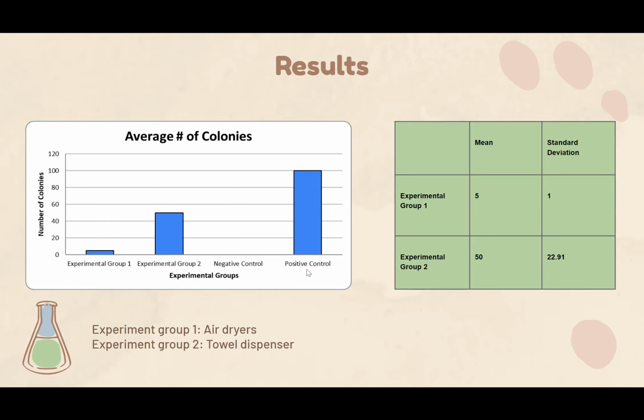So you can see the towel dispensers exhibit more bacterial growth again, with the average number of colonies being 50 plus or minus 22.91. That differs from the air dryers, which had an average number of colonies of 5 plus or minus 1. The towel dispensers had a much higher standard deviation at 22.91 compared to the 1 of the air dryers. That means towel dispenser data was a lot more spread out.